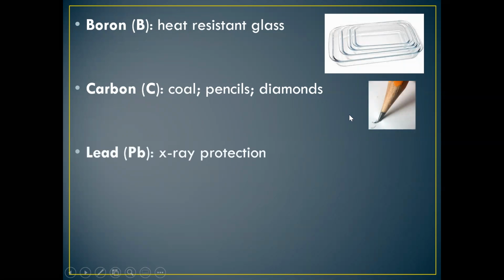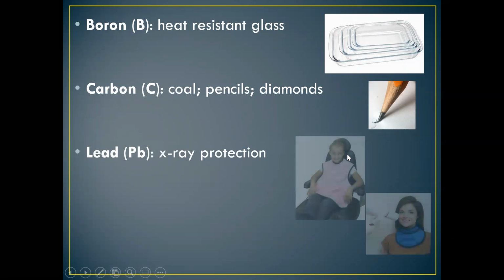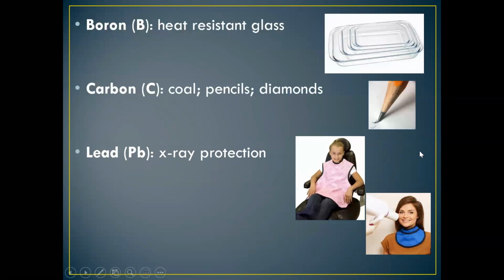Lead is a metal. Lead is very, very heavy. So if you've ever gone to the doctor or dentist and they put this vest over top of you, it's very heavy because it's full of lead. Now, lead at one time was used more in everyday life, and lead does cause poisoning.